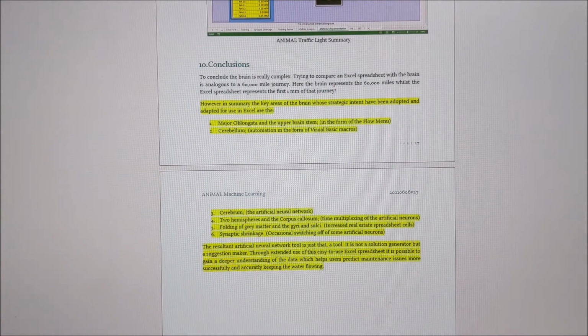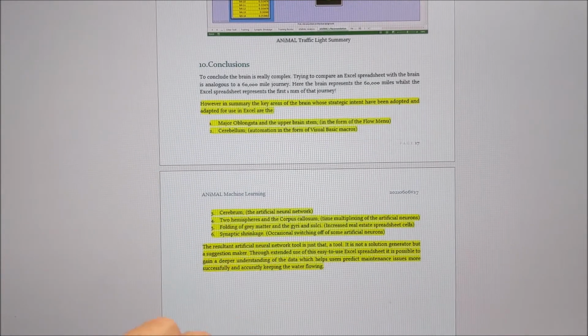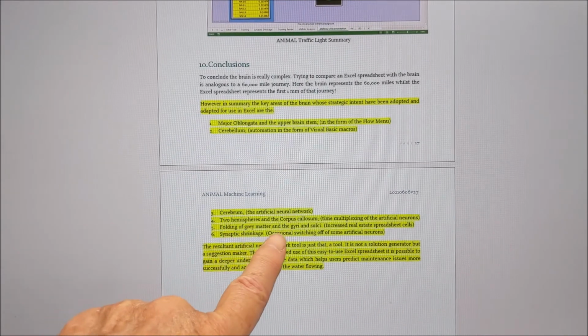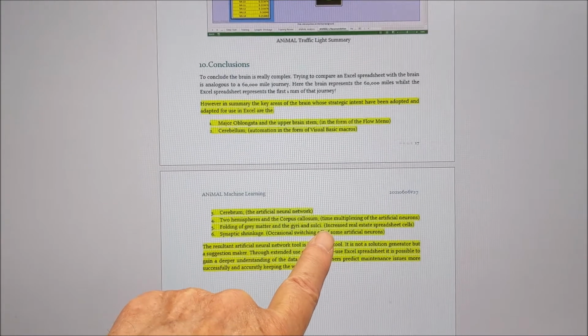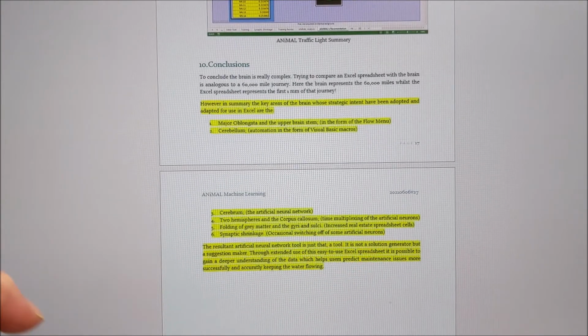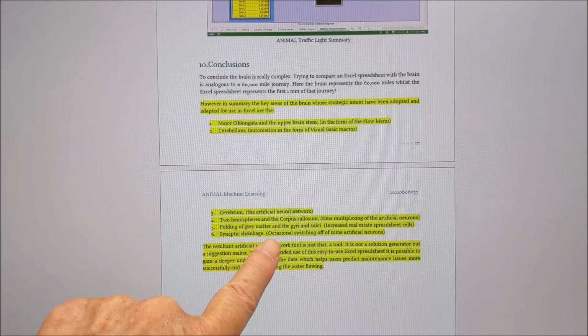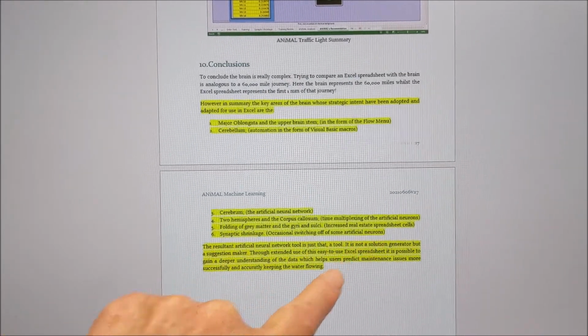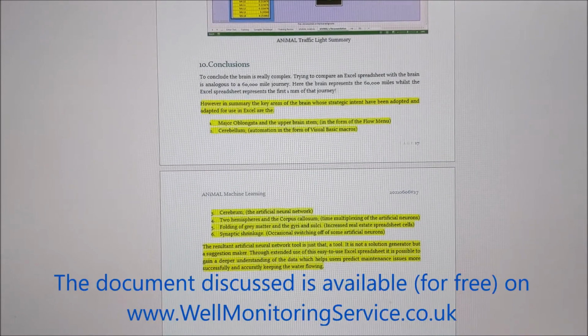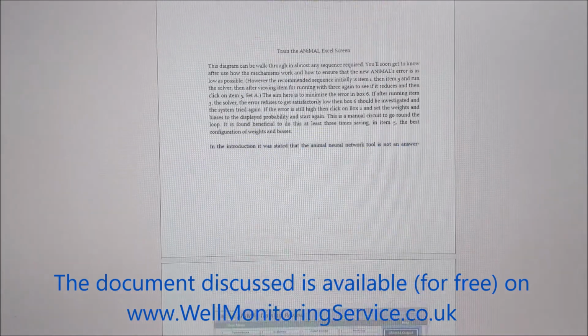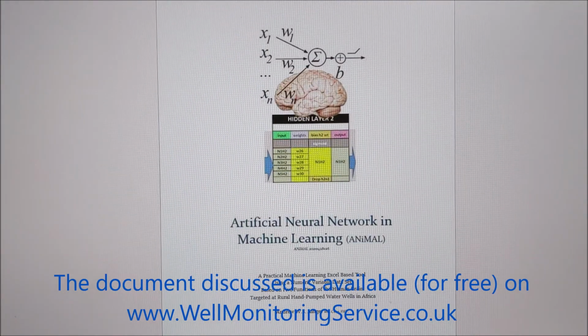Really, we haven't got two hemispheres, we've only got one, but we can time multiplex and use the same hemisphere more than once if we need to. The folding of the grey matter, the gyri and sulci, increases the real estate of the spreadsheet cells, which we've seen come up with this jigsaw concept, and the synaptic shrinkage, occasionally switching off some of the artificial neurons, but we've also done it with synaptic expansion as well. Right, that's in summary what we have come up with from our analysis of the brain.